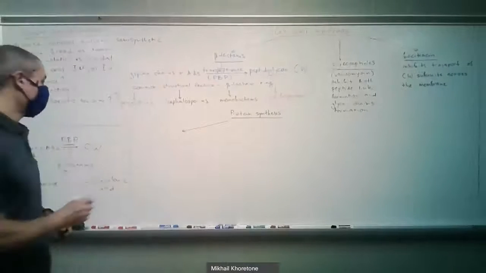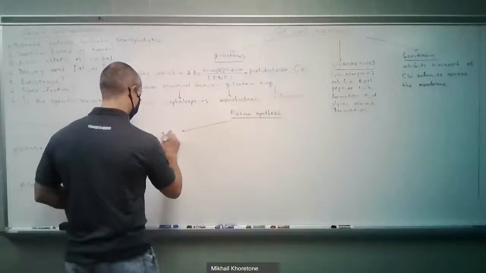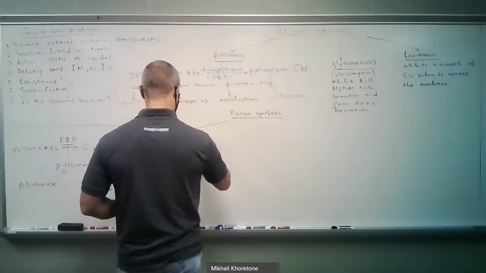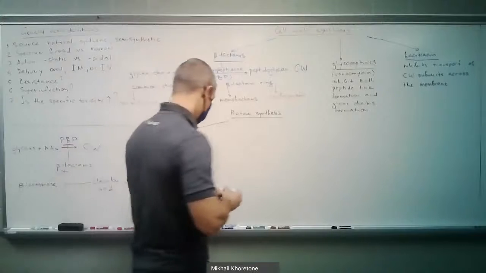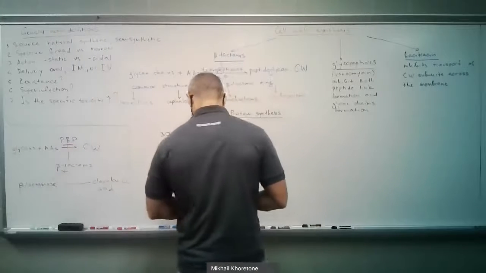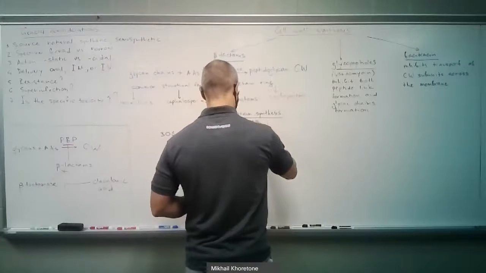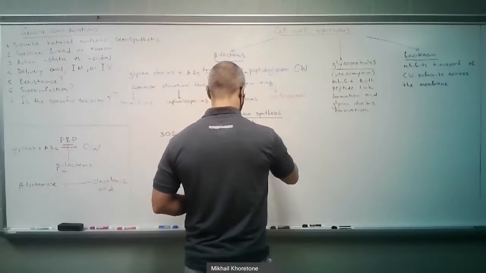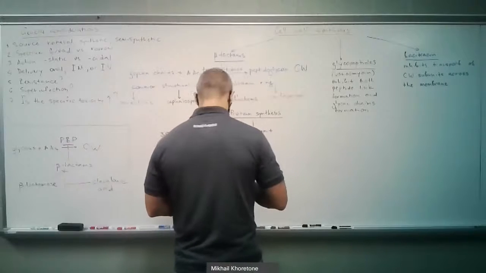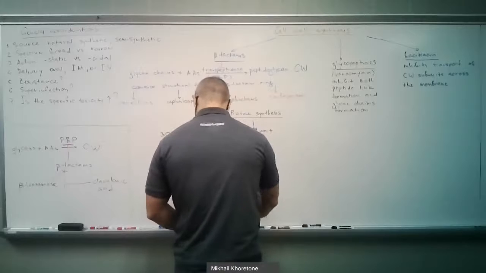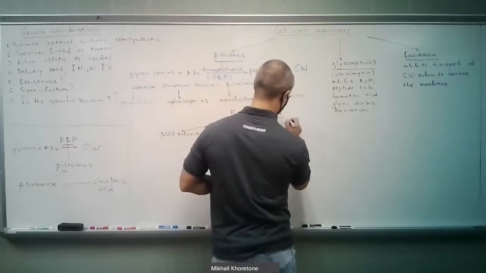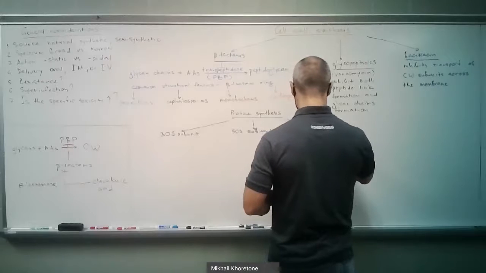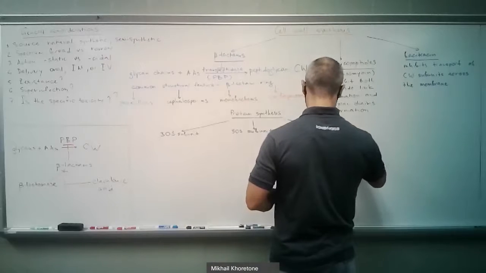First type is inhibitors of the 30S ribosomal subunit. Second target is the 50S ribosomal subunit. And the third target is the initiation complex, and I'll elaborate on that.